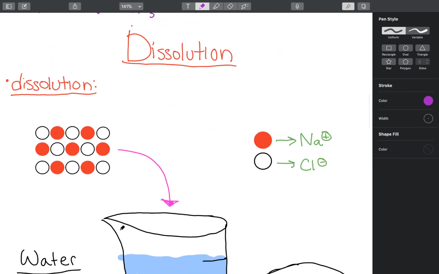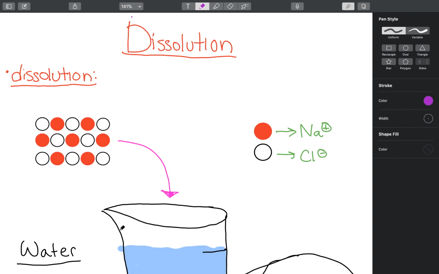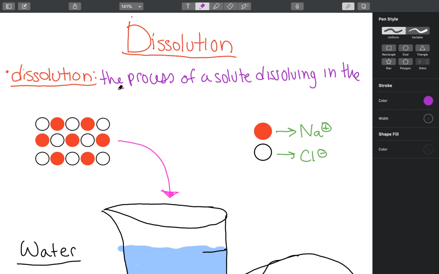The last little topic I have for today is the process of dissolution. So a general idea of what dissolution is. Dissolution is the process of a solute dissolving in the solvent.